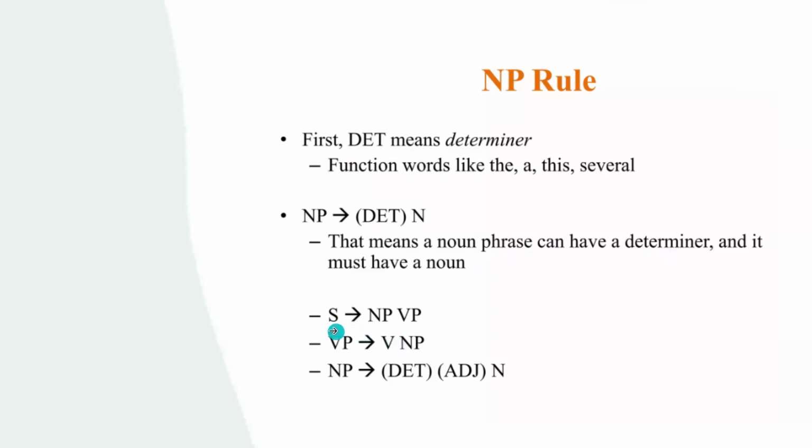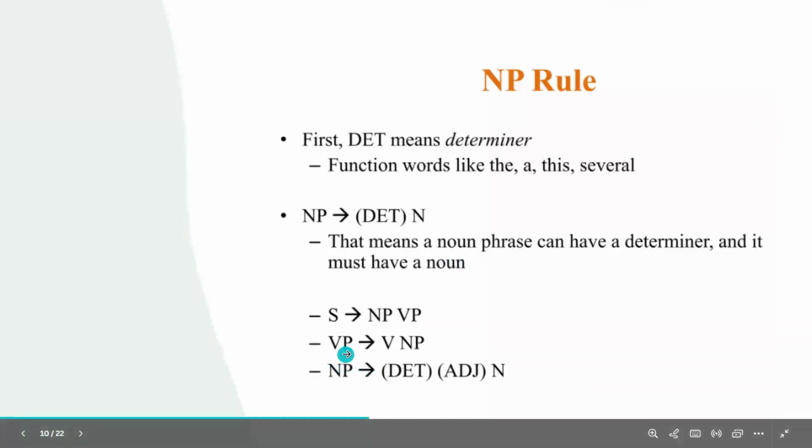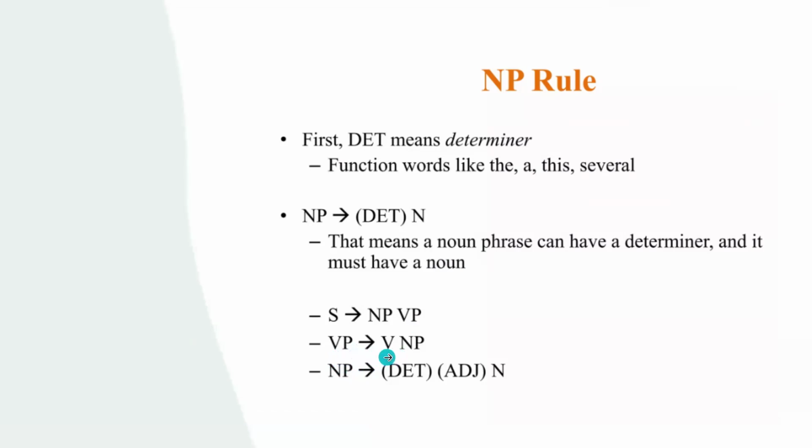Here, S stands for sentence, any sentence, right? If it comes in your paper to draw the tree structure of it, you will write S for the sentence and you will divide your sentence into two parts, noun phrase and verb phrase. Do not worry about the verb phrase, I'm going to explain its structure also. Then the verb phrase can be further divided into a verb and a noun phrase.